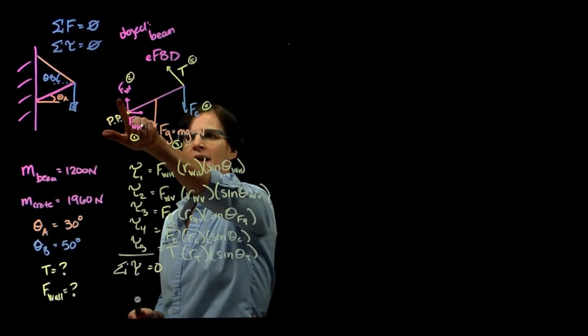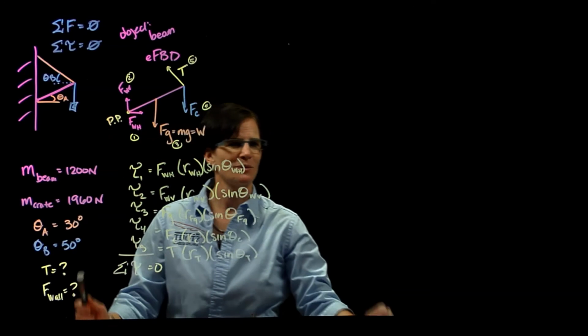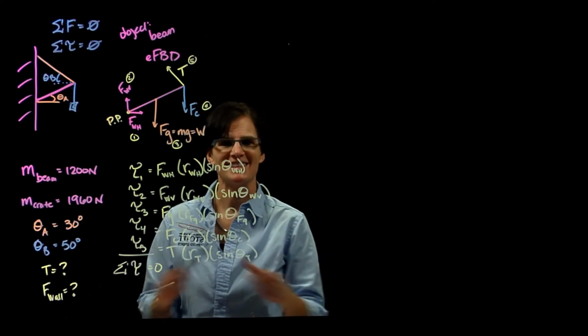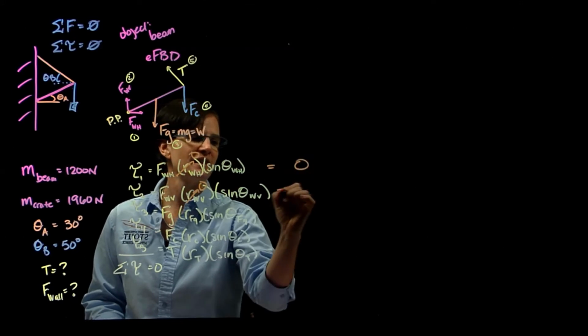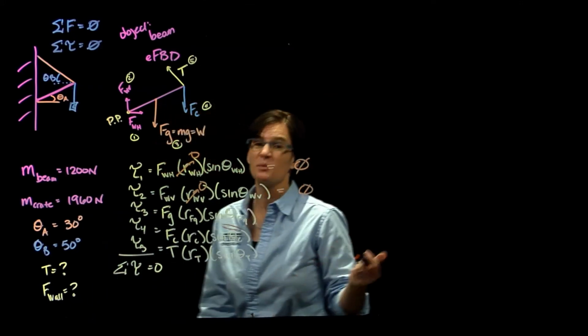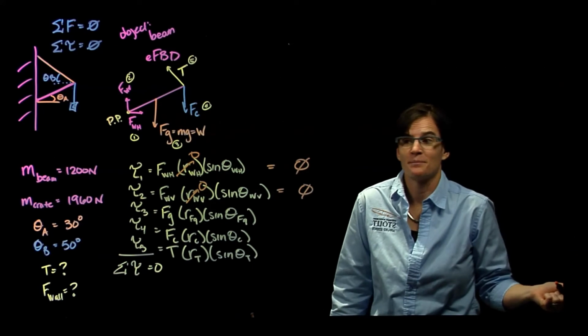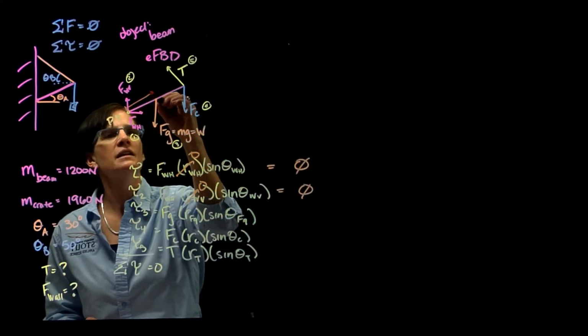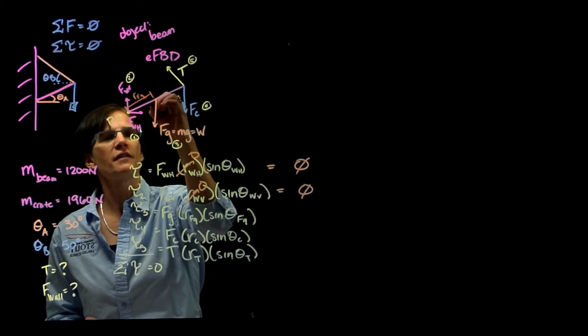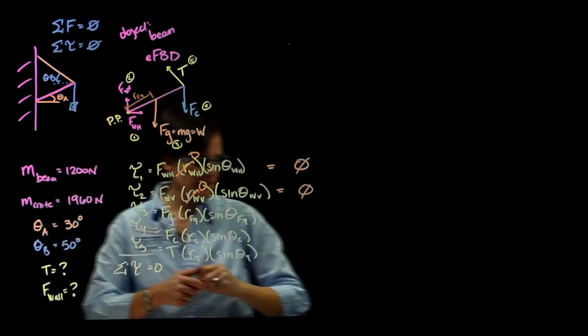So my radii for the force of the wall, well, based on the pivot point, that radius is 0. That's going to be awful nice. It's going to get rid of these two torques, which is what I was going for, because I don't know the forces anyway. All right, what about for the force of gravity? Well, this is the radius for the force of gravity.